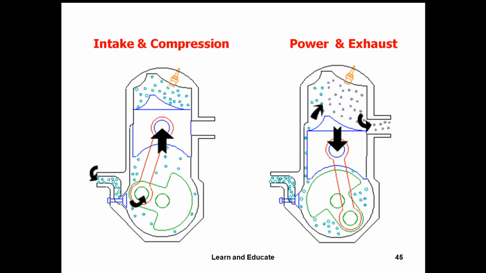So let us see the working. What is happening when the piston is moving up and down in this vertical arrangement? Here the piston is moving towards the top dead center. Okay, so this is the intake port. When the piston is moving towards the top, this port is uncovered.